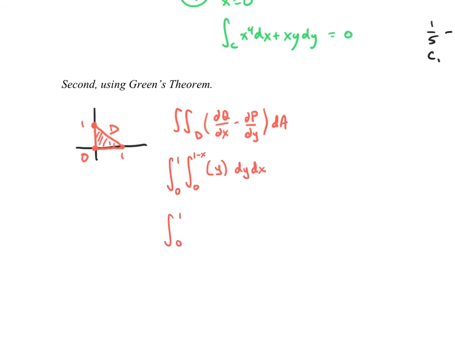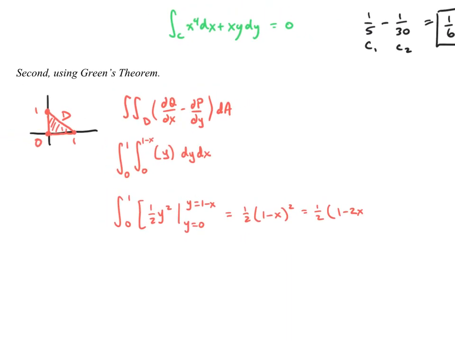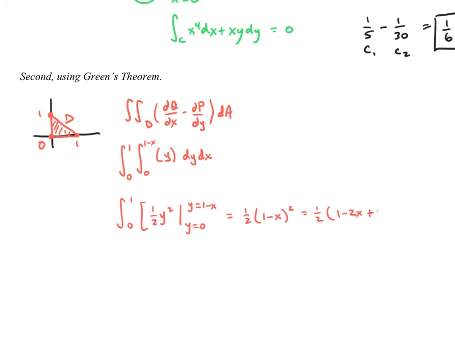So we get the integral from 0 to 1 of the antiderivative, which is 1/2 y squared, evaluated from y is 0 to y is 1 minus x. And we get 1/2 times the quantity (1 minus x) squared, which is 1/2 times (1 minus 2x plus x squared). And then we'll simplify one more time.